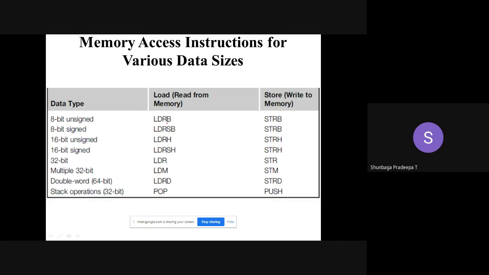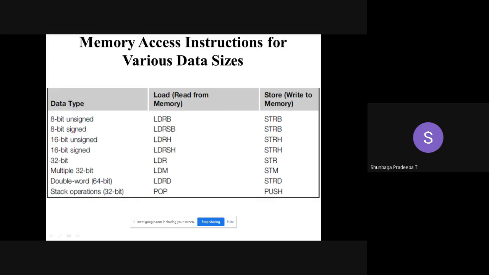If you want to write back the data you have into the memory, you go with the instruction STR, store register, which stores the data into the memory. If you want to access 8-bit unsigned data, you use LDRB, which means a byte, an 8-bit.